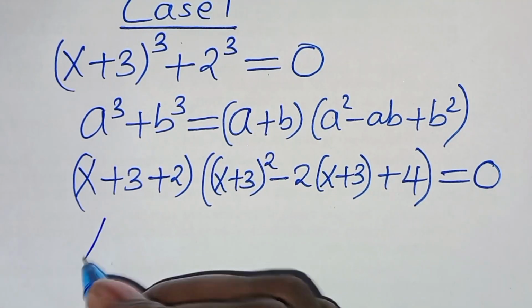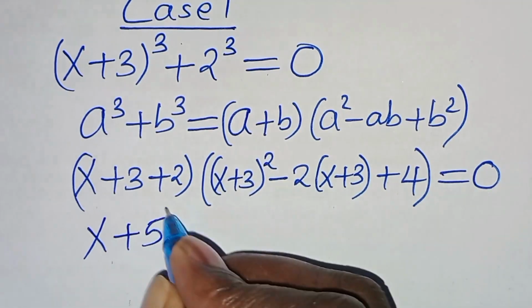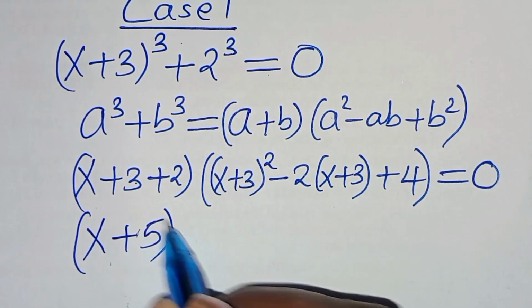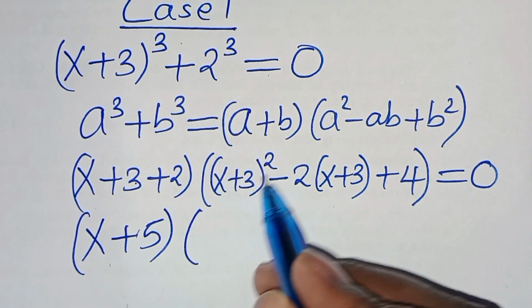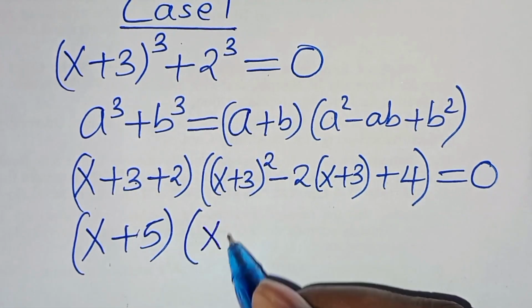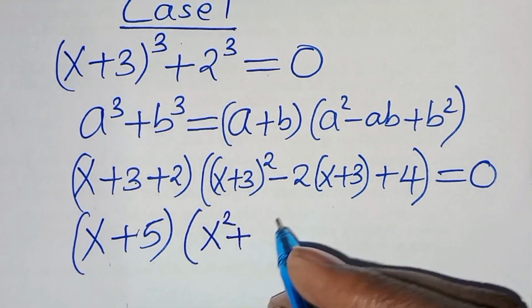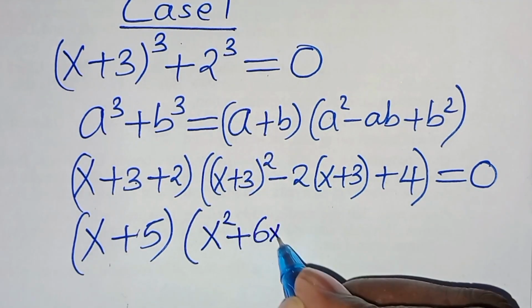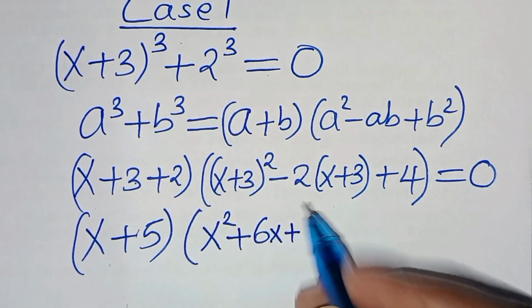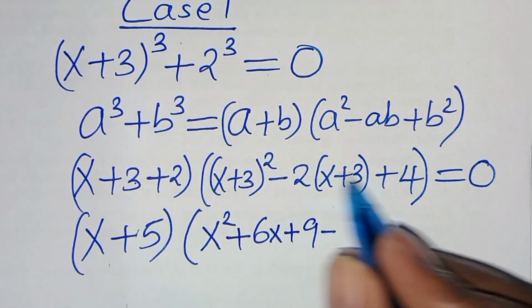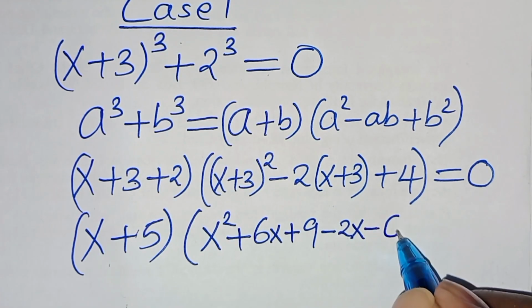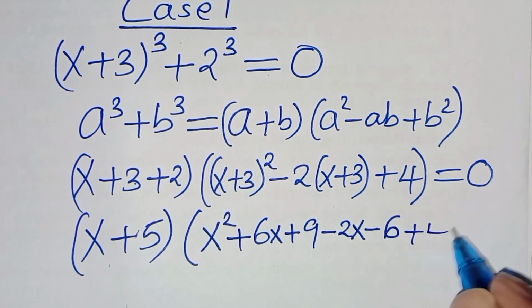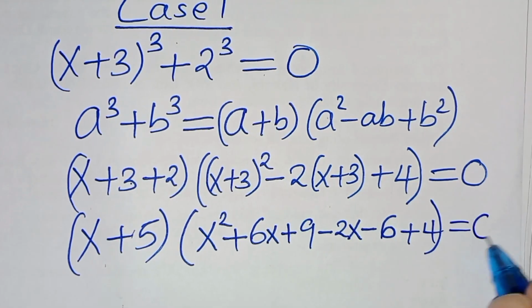So here we have x plus 5, since 3 plus 2 is 5, and in the second part, (x+3)^2 gives us x squared plus 6x plus 3 squared, which is 9, minus 2x, then subtract 6, then plus 4, equal to 0.